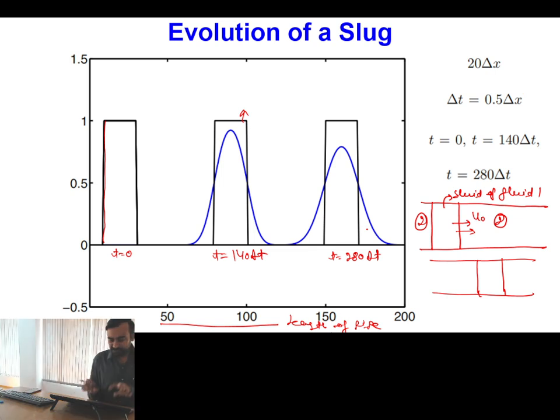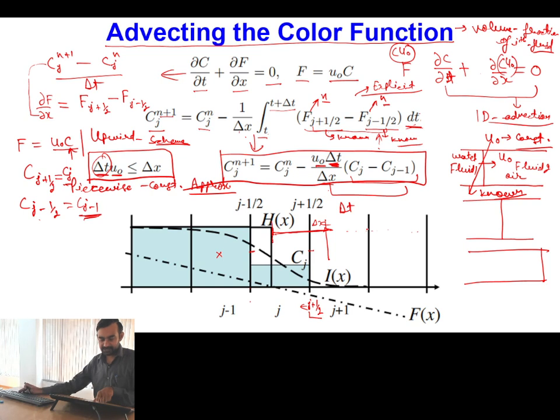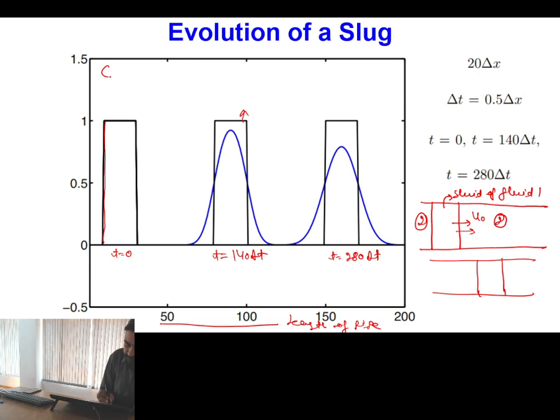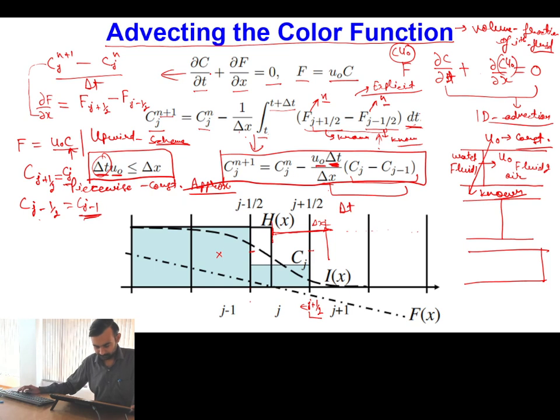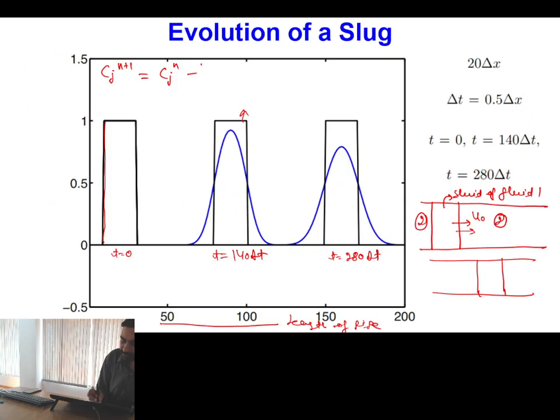So for this type of problem, just now I have obtained one discretized equation which is Cj at n plus 1 is equal to Cj at n minus u naught delta t by delta x into Cj minus Cj minus 1. This is my equation.